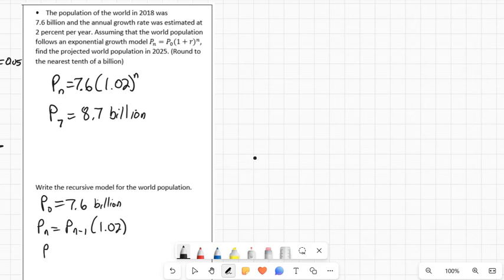And again, P in billions, and n equals the number of years after 2018. All right, hope you got it.